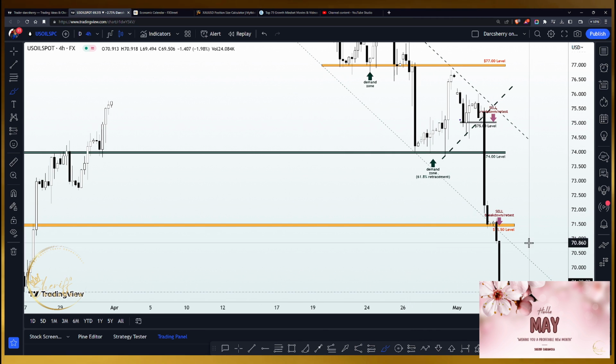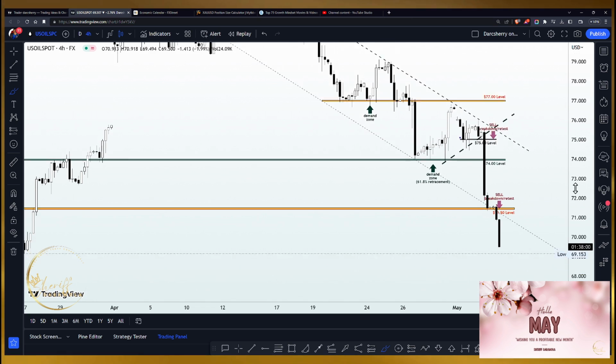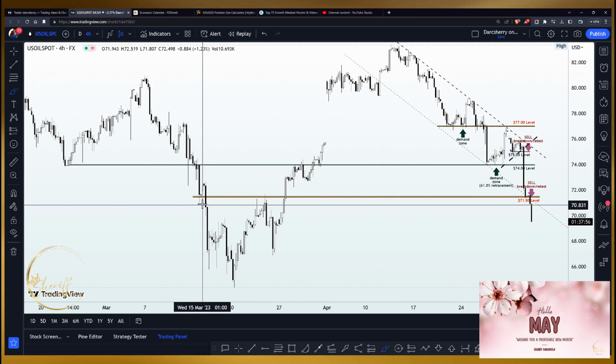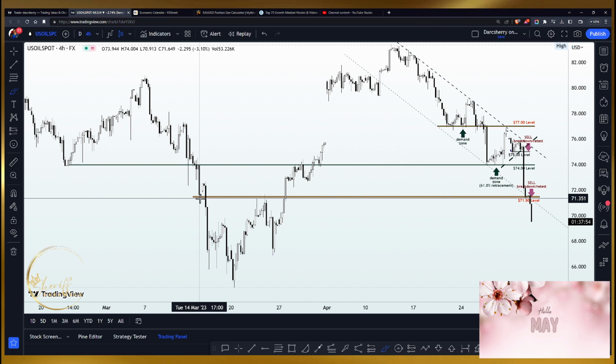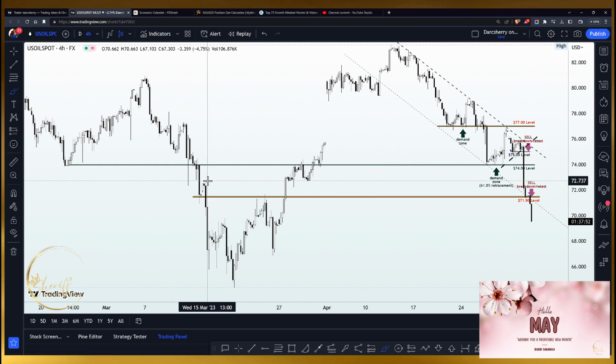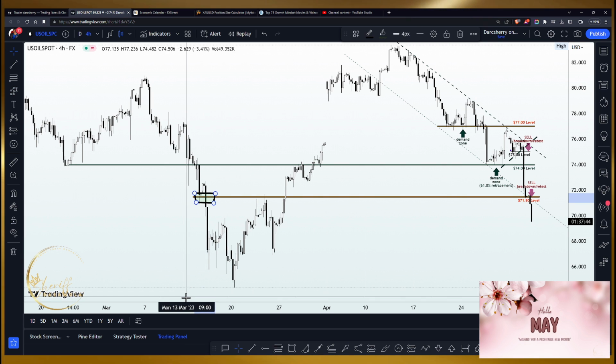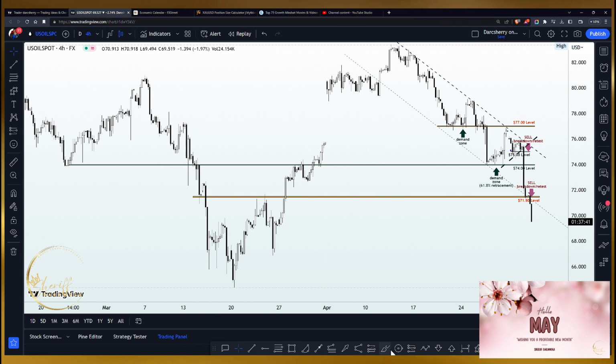Now, to let you know the importance of the $71.50 level, I want to zoom out a little bit so that we can see how this level has been a major determinant of price action since the month of March. Now, look at what happened here. We saw how this area was initially a demand zone before the breakdown of that structure happened.